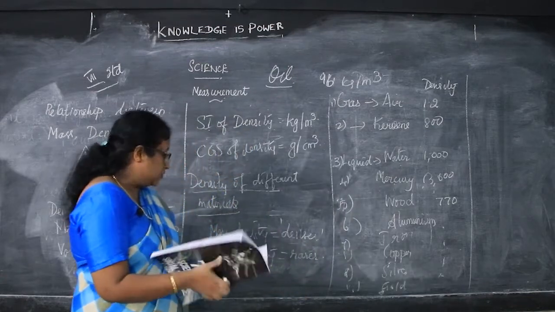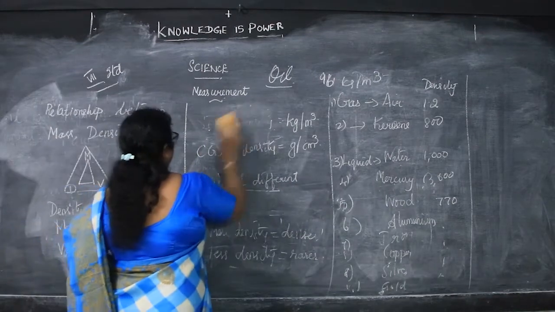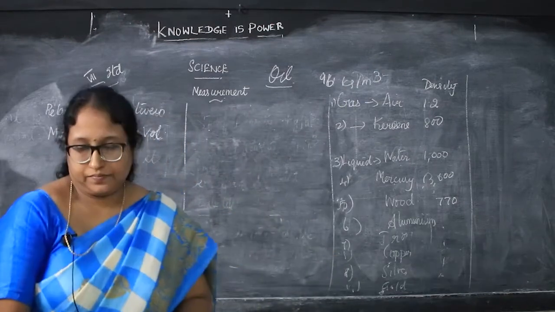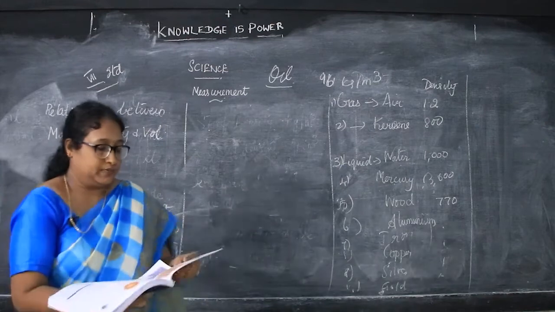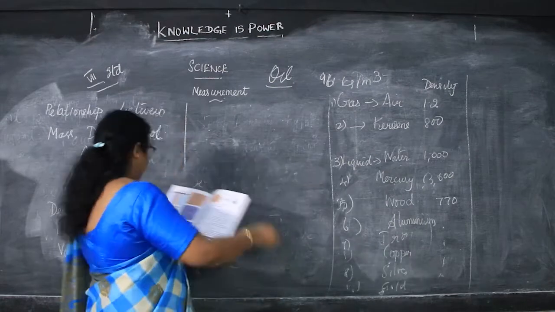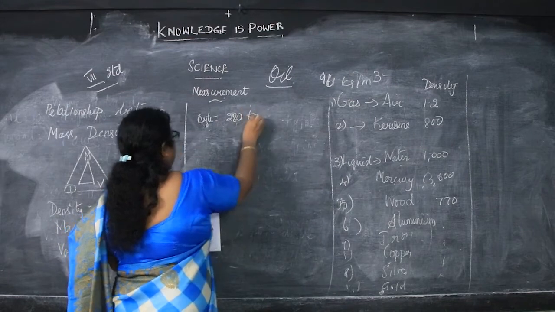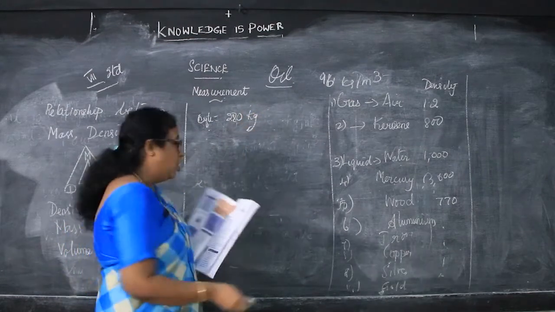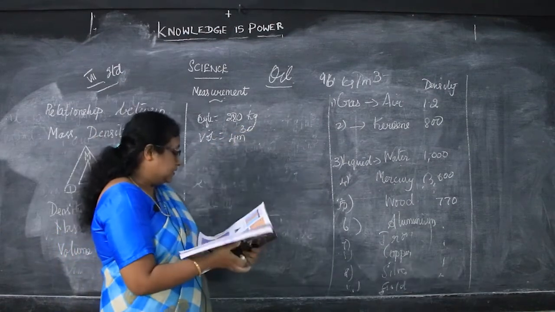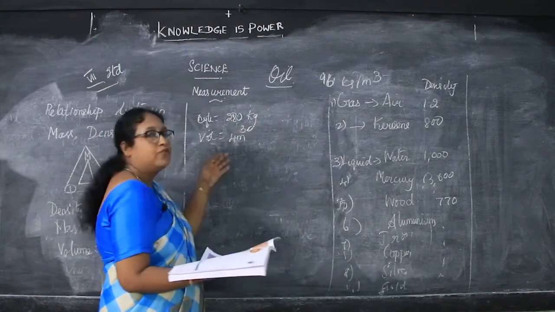Then first we will see the problem here. A solid cylinder of mass 280 kg has a volume of 4 cubic meter.